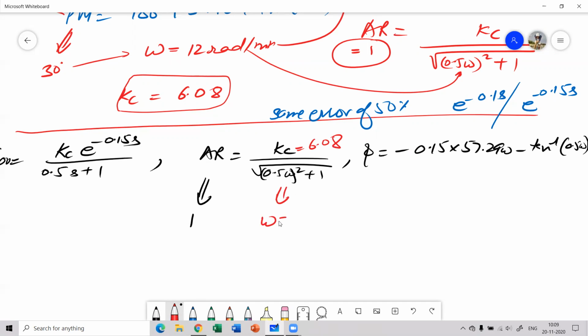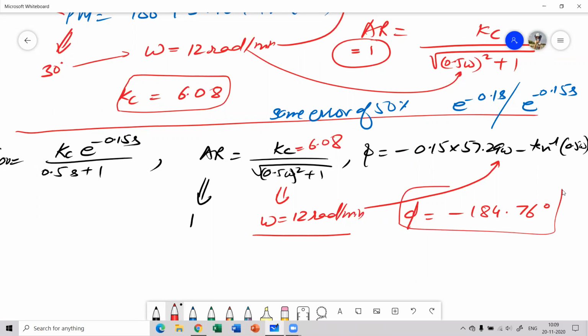Let's say the omega value comes out to be 12 radians per minute. Now we're going to substitute this value of omega here and find out phi. Now the phi comes out to be minus 184.76.